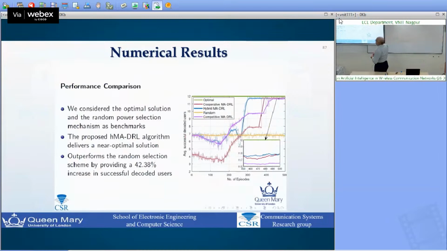Here, when we take the hybrid approach and the cooperative and competitive approaches, the hybrid one, the competitive one and the cooperative one all reach the same final reward, but the hybrid one converges quickly, after nearly 300 episodes.